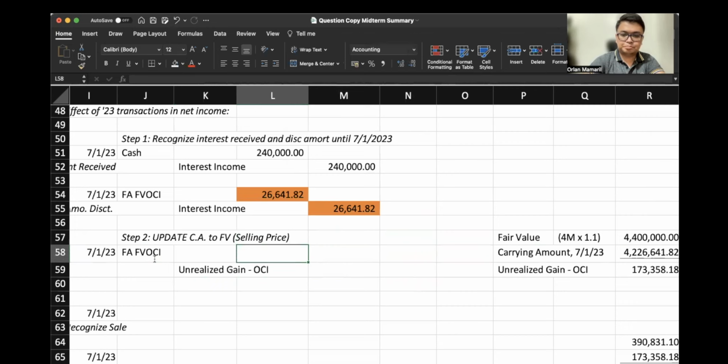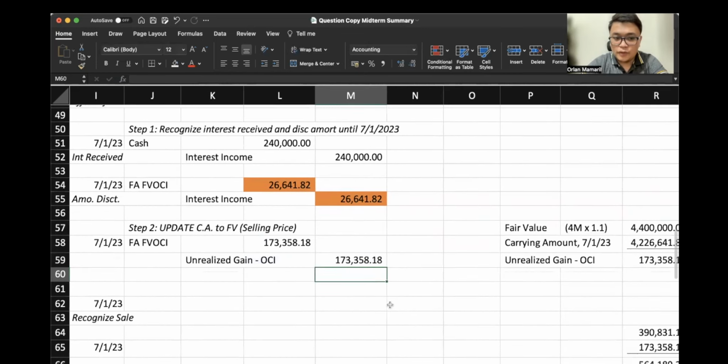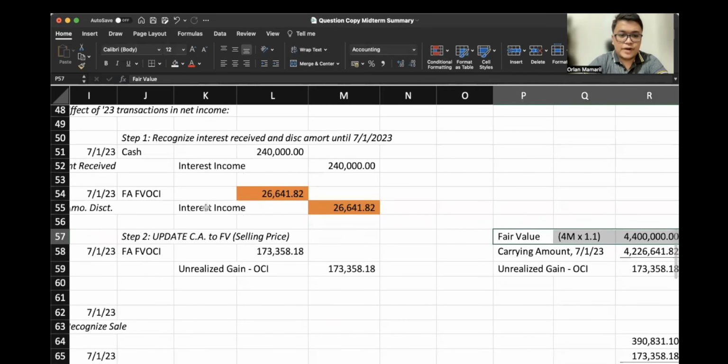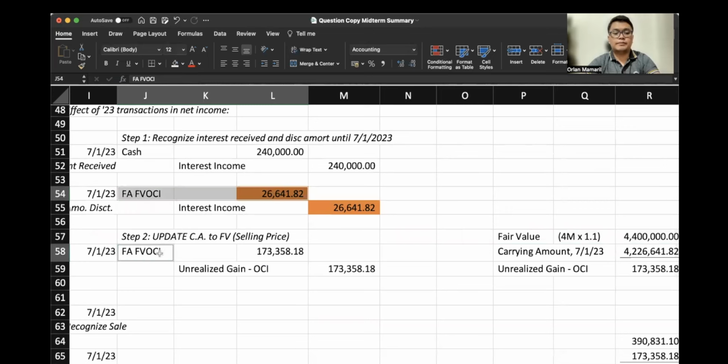That would be 173,358.18. Now, the updated value of our financial asset is indeed 4.4 million, right? Because we have recognized the discount amortization, at the same time, we have recognized the unrealized gain. Since the value of our financial asset is already at selling price, there would be no separate gain or loss on sale, right?